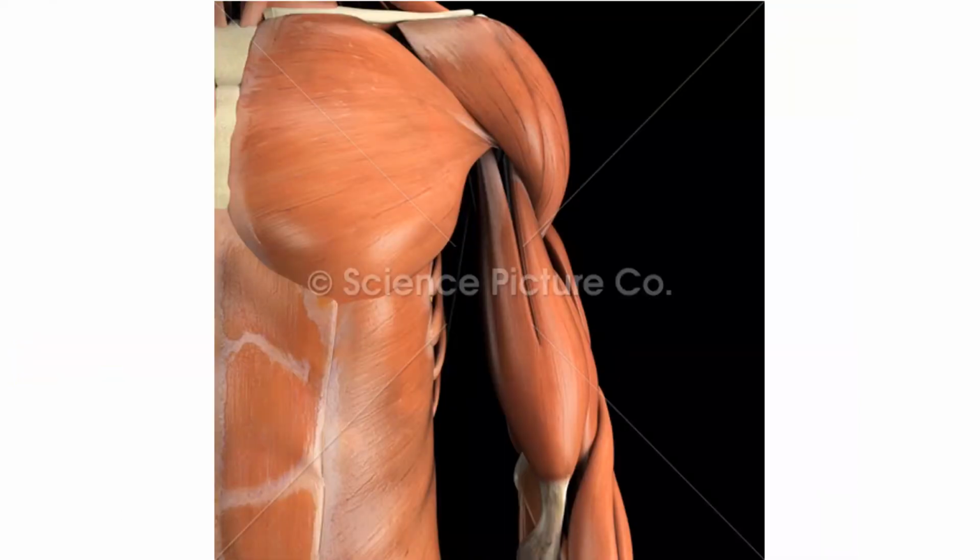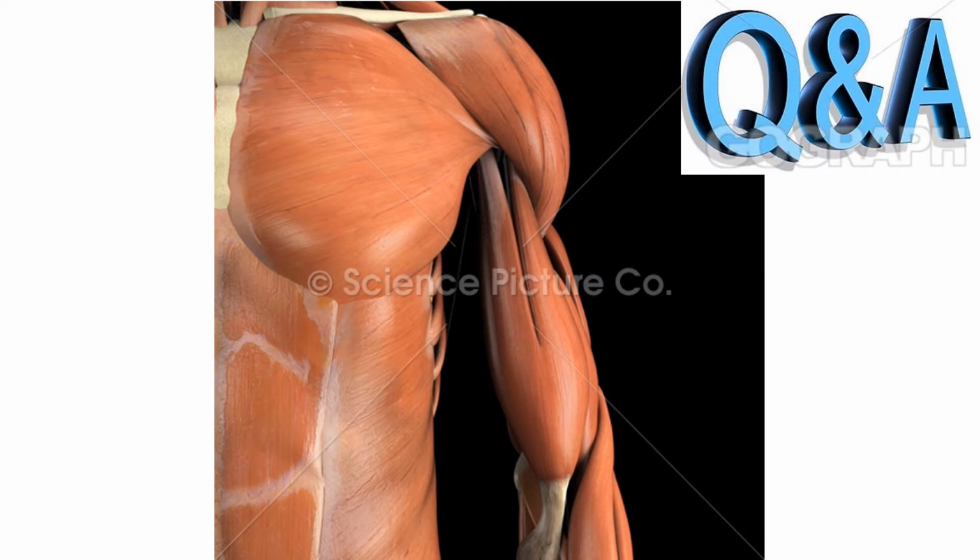This is an anterior view of the muscles of the chest and the arm. So let's ask a few questions and answer them. This is the biceps brachii muscle, the most anterior muscle of the arm, and it has two heads.